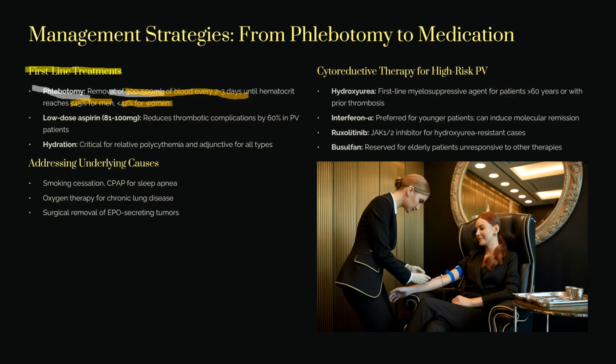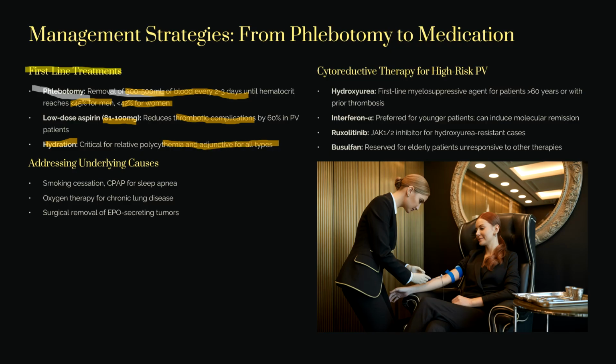Another one is low dose aspirin, 81 to 100 milligrams, which reduces thrombotic complications. Thrombotic complications means accumulation of blood or clotting of the blood within the blood vessels. Next, hydration. It is critical for relief in polycythemia and adjunctive for all types.